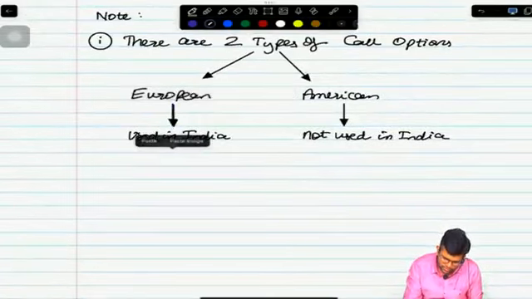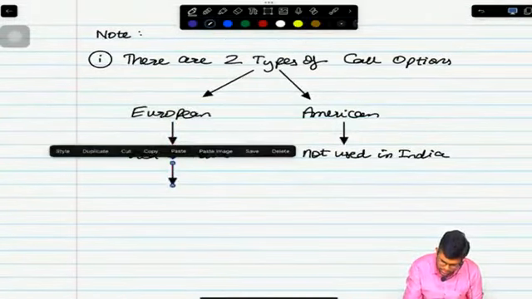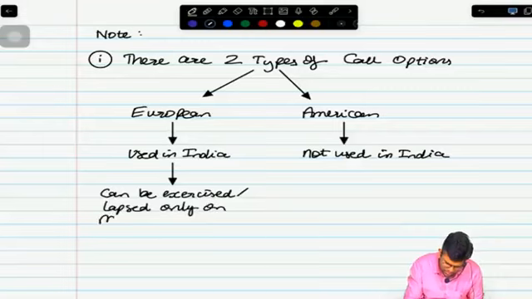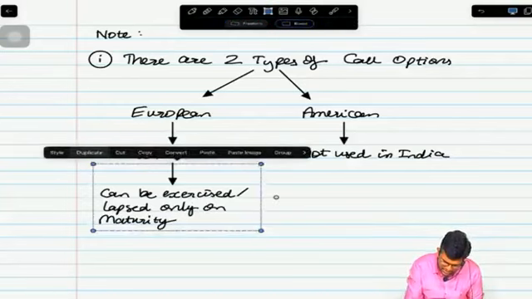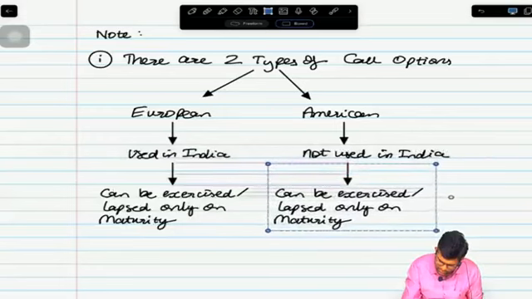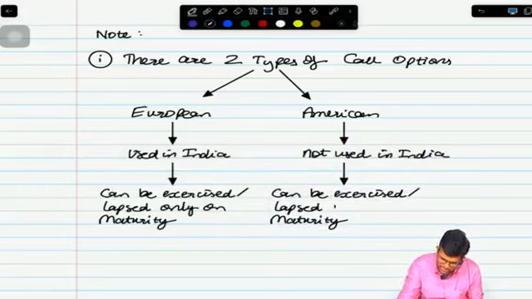Write down: European can be exercised or lapsed only on maturity, and American can be exercised or lapsed any time till maturity.